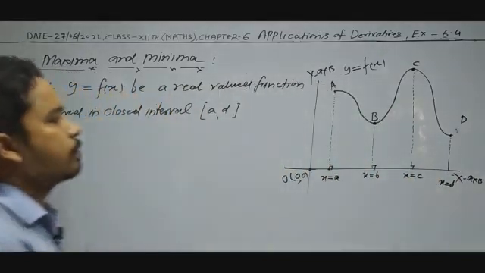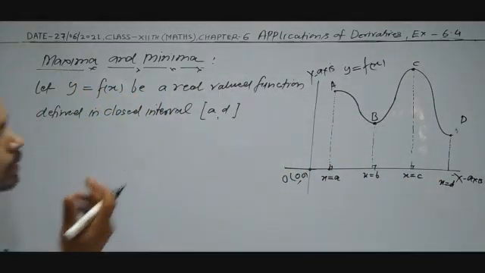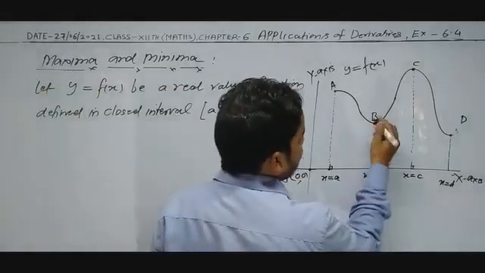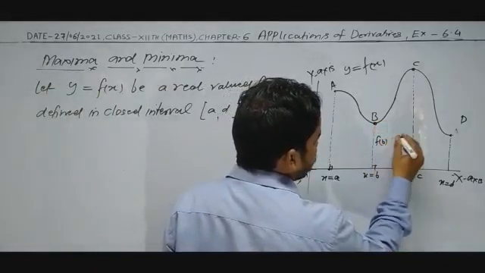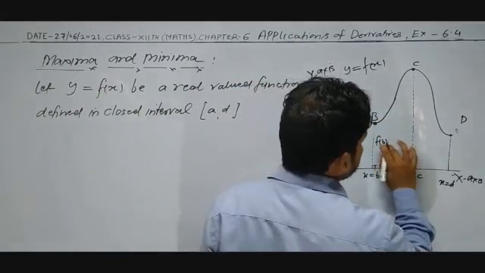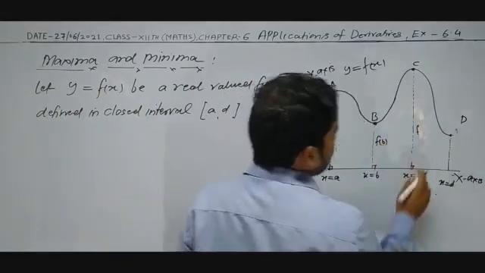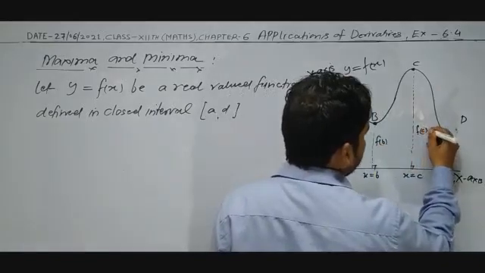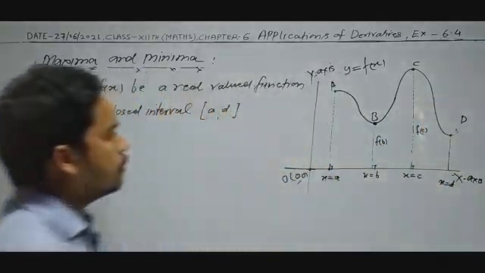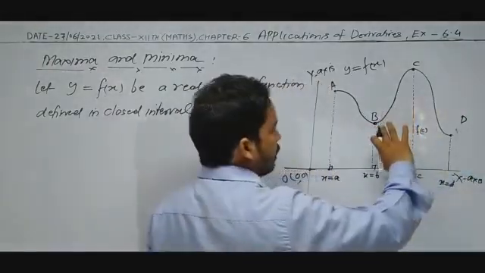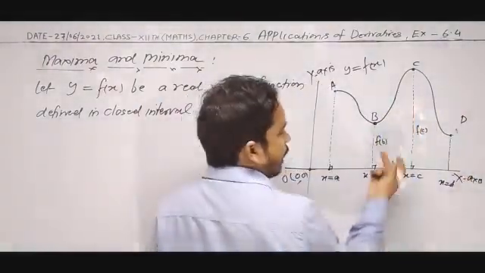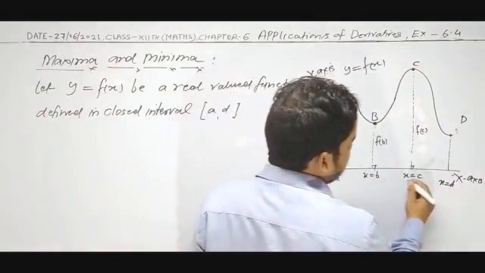At x is equal to b, the function attains the minimum value, f(b), and at x is equal to c, the ordinate will be f(c). So f(c) is the maximum value and f(b) is the minimum value, at x is equal to b and x is equal to c.